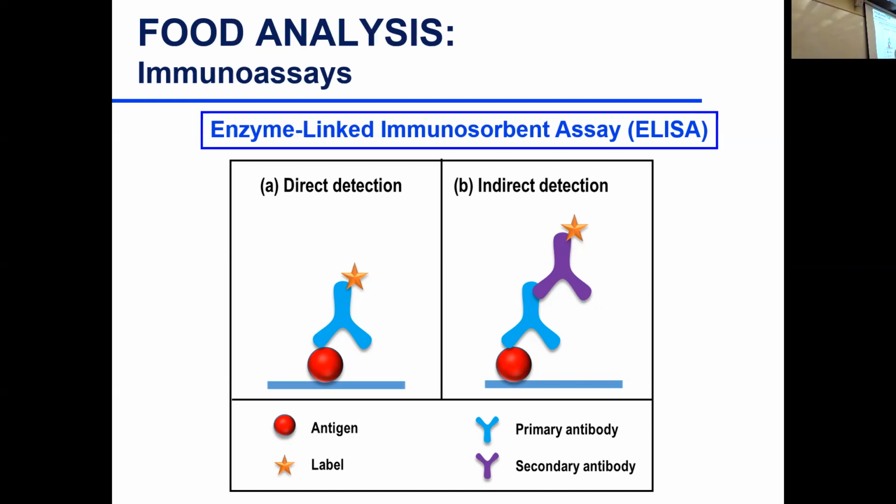Indirect ELISA is very commonly used because it's easy to purchase antibodies already labeled. Instead of having an extra step to label the antibody in the lab, which takes a little bit of time, you can purchase an antibody that is labeled already. So what you're seeing in this image is you have your antigen, the antibody to the antigen, and then antibody to the antibody.